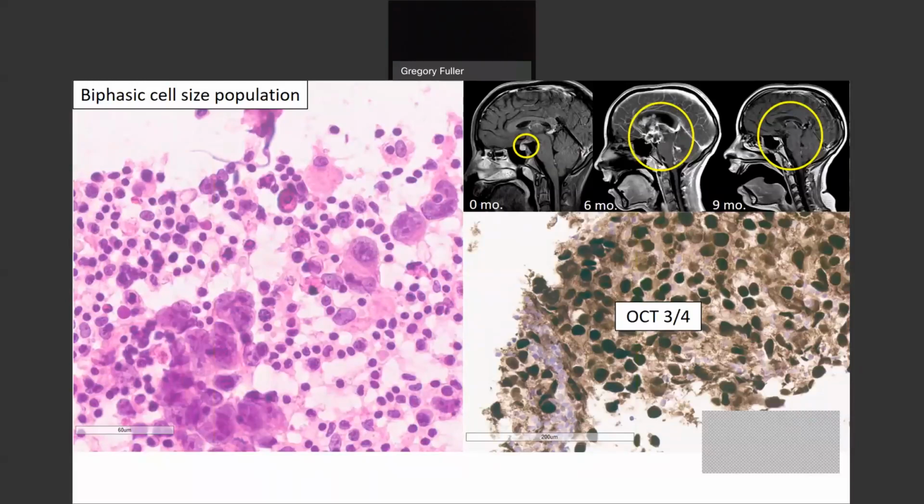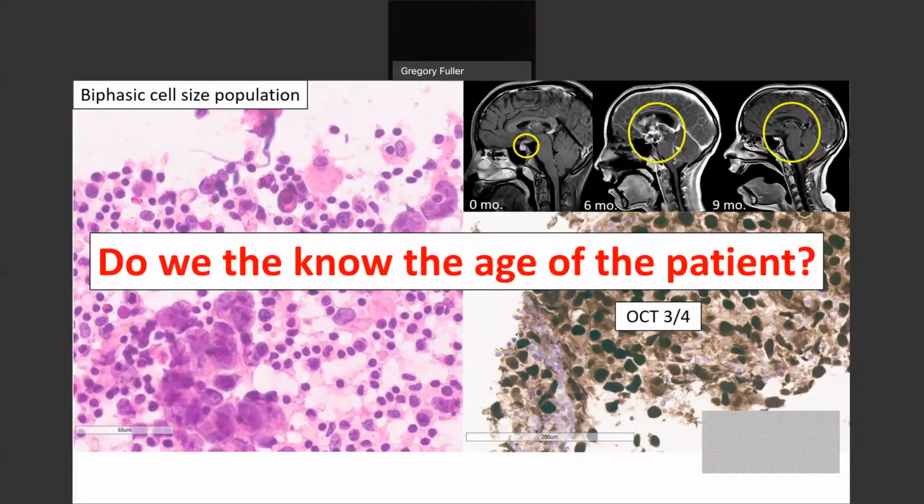There's one other piece. Did we know the age of the patient? Did I give you the age of the patient? Yes or no? The answer is yes. Dr. Evans is correct. I gave you the age of the patient in terms of morphology. I'm not talking about diagnosis, like, oh, you figured out that it was a germinoma. I'm talking about from the very first scan, did I give you?